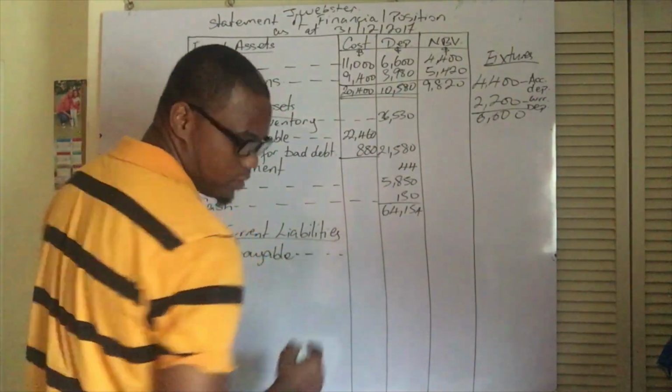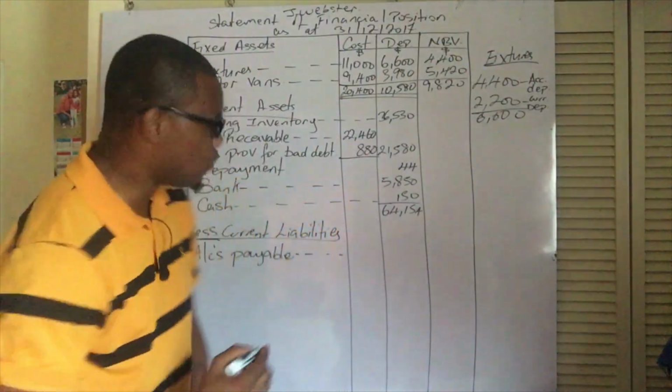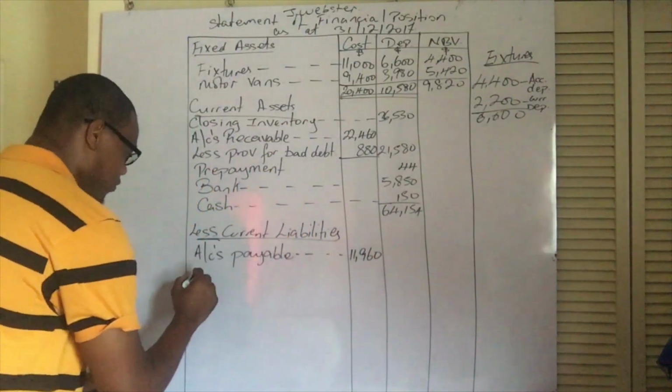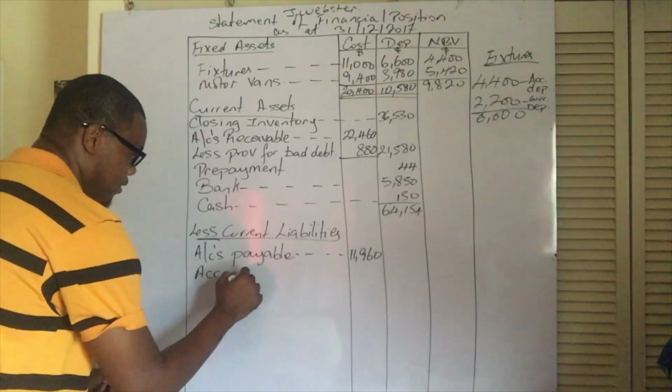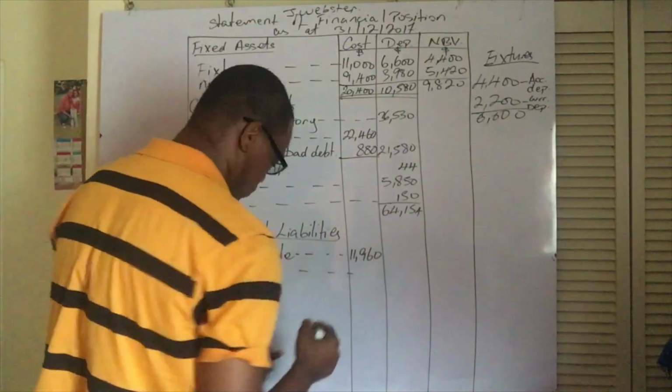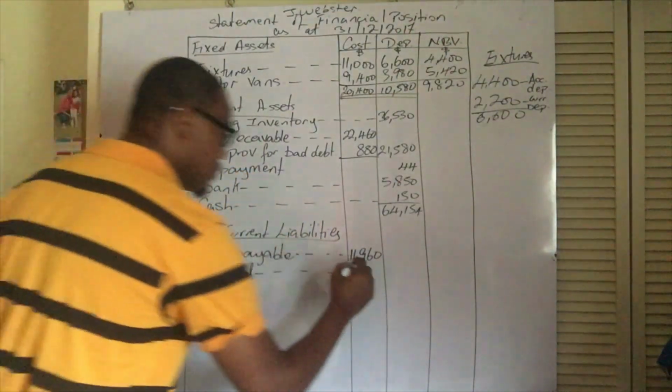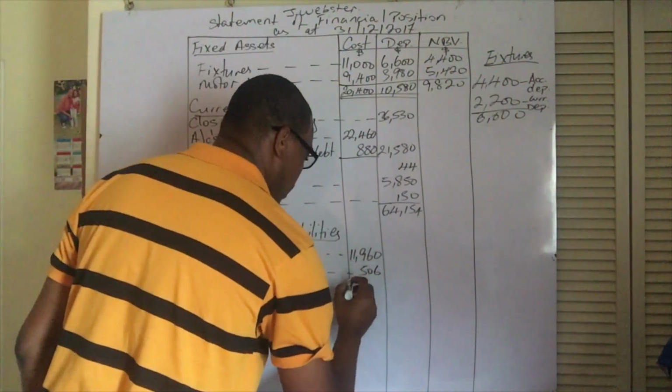So accounts payable, we have 11,960, and then we have accrual. We had owed some money. We had some money outstanding. It's what, $506? Yes.